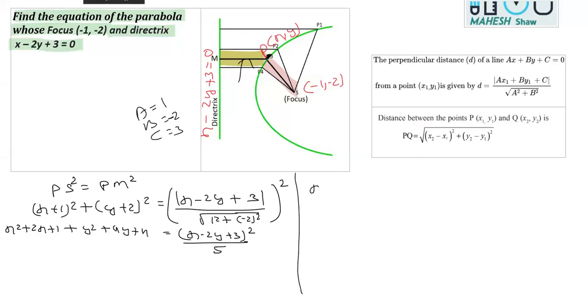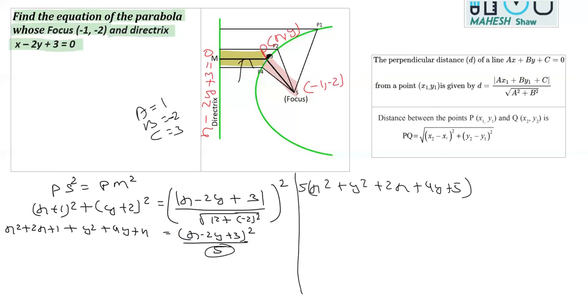Continuing with this, I'm writing x square plus y square plus 2x on the left-hand side, plus 4y, and then plus 5. And this is 5 times, as you can see, this 5 on transposing to the left will be multiplied. Then we'll be applying A plus B plus C whole square on this part.